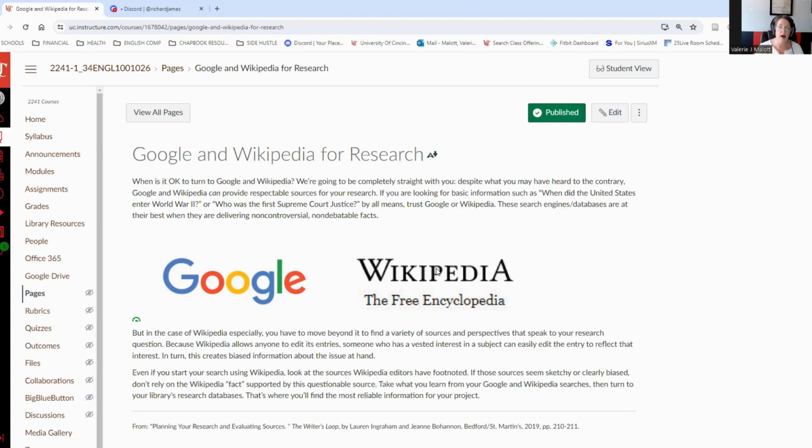There is, however, a website called Google Scholar. It is scholar.google.com, and that will take you to scholarly and academic articles. And frequently, if you are already signed in with your UC credentials into the system, you will see links, and I'll show you how you can do this.